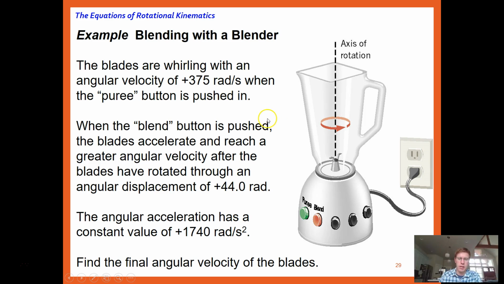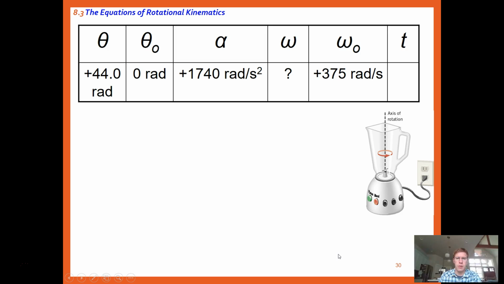Let's say that they experience a constant angular acceleration of 1,740 radians per second squared. And during this acceleration period, they rotate through 44 radians. With that information, I want you to tell me what is the final angular velocity that the blades have. For fun, you can also calculate the time it takes if you want. But the question just asks for the final angular velocity. Give it a go. Pause, go.